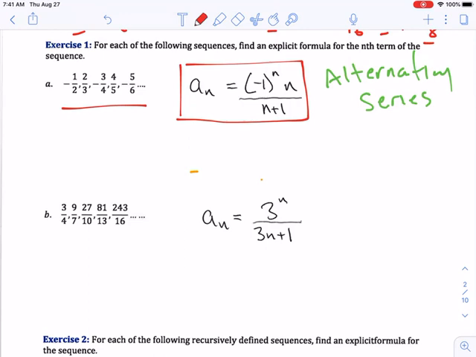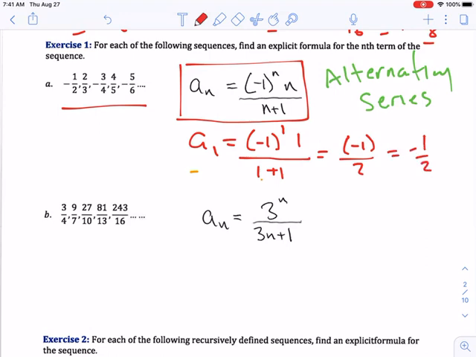And so you can see that if you let n be equal to 1 here, a sub 1, we're going to have negative 1 to the 1 times 1 all over 1 plus 1, which is negative 1 over 2, or negative 1/2. And that's our first term of the sequence. And so you do that for each term. You do a sub 2, and you're going to get 2/3. A sub 3, you'll get negative 3/4, etc.